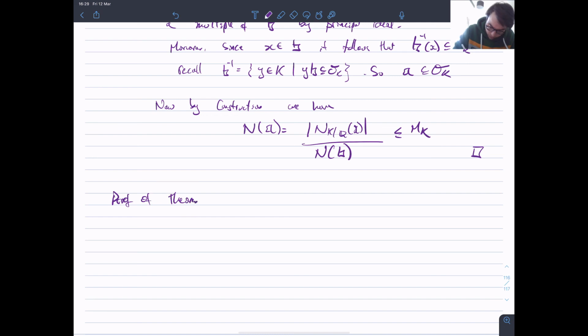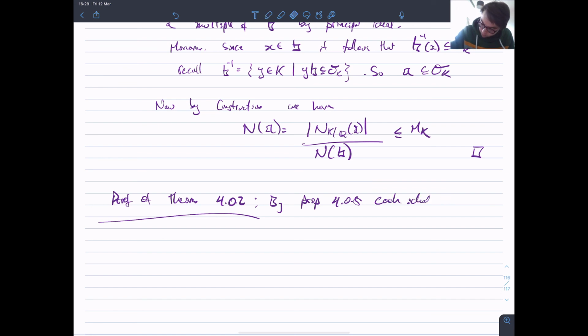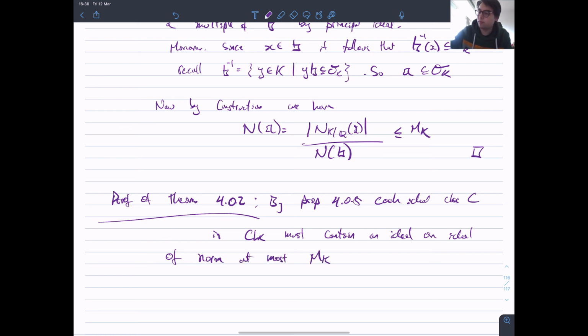So I'll do the proof of theorem 4.0.2. Here's the proof, by the previous proposition. Each ideal class C in the class group must contain an ideal of norm at most my Minkowski bound.